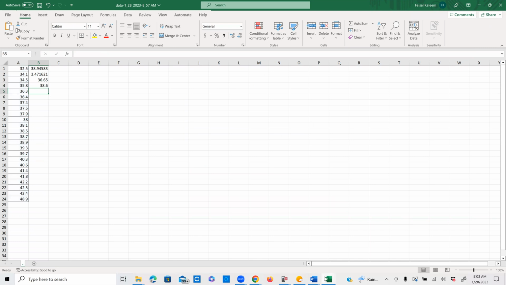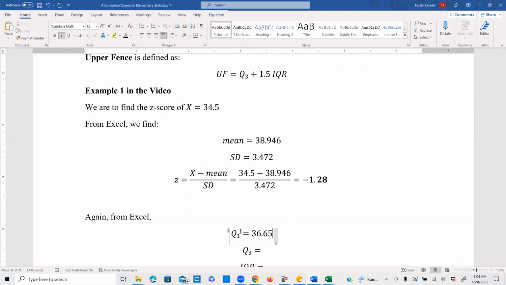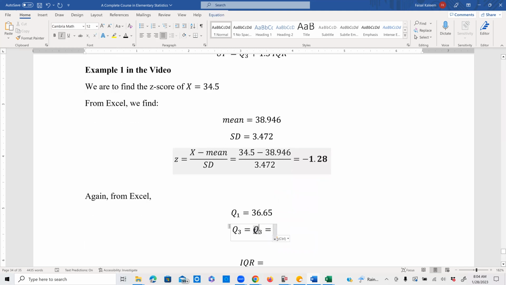Median is 38.6, so that's Q2. Q2 is 38.6. Let's check it.